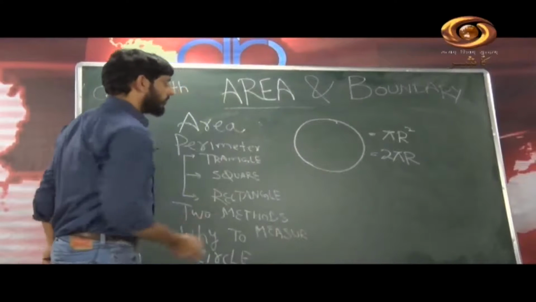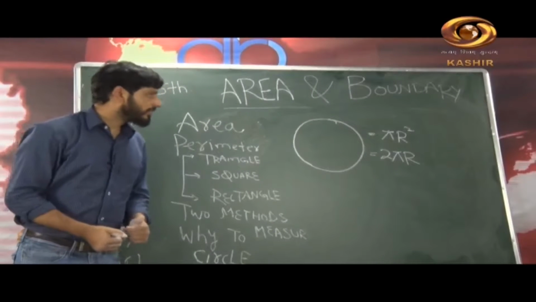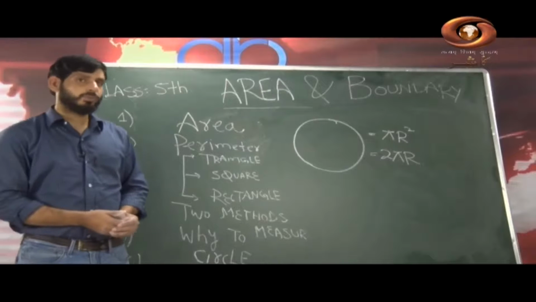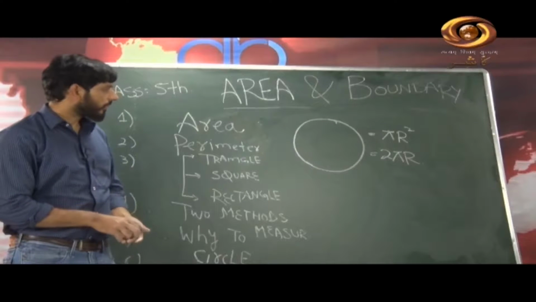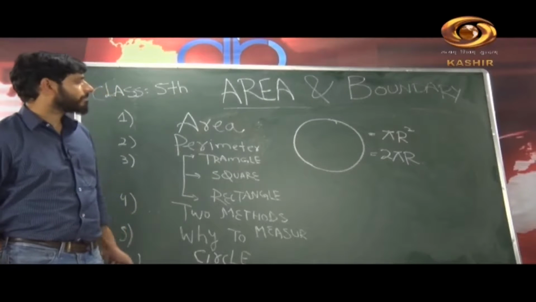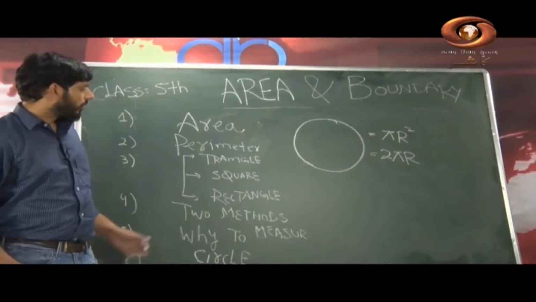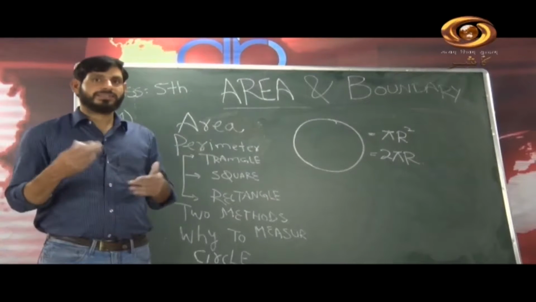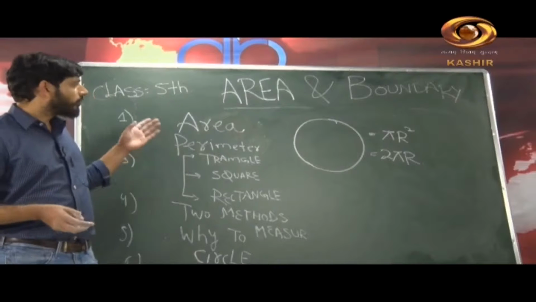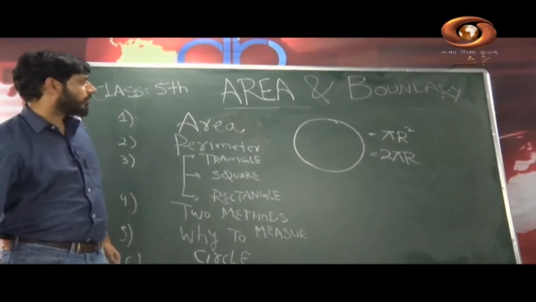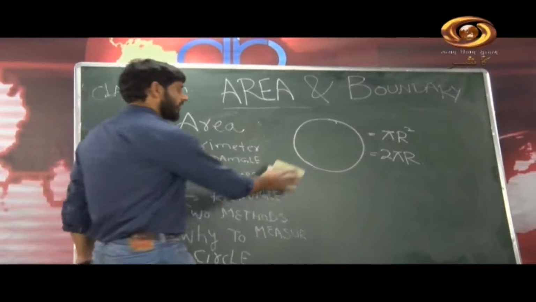We will be looking at why this is pi r square and why this is 2 pi r, but let that be in another session. So what we have learned so far, we will be revising in a while.